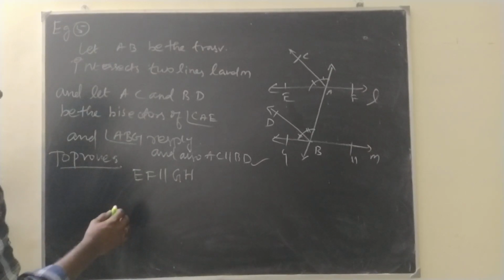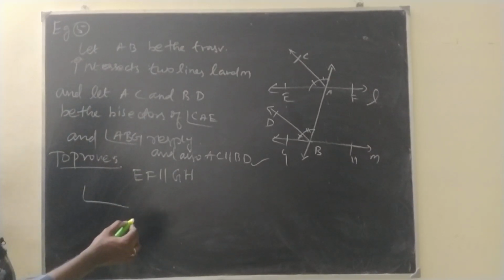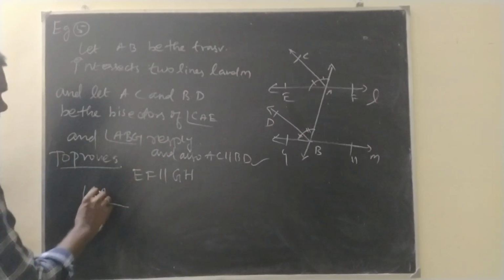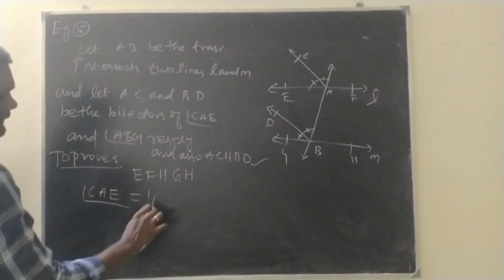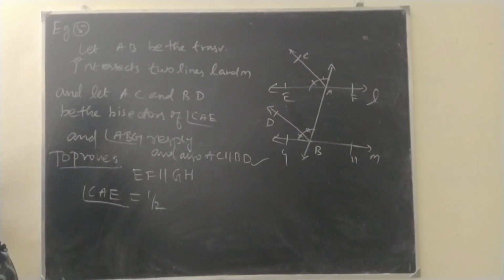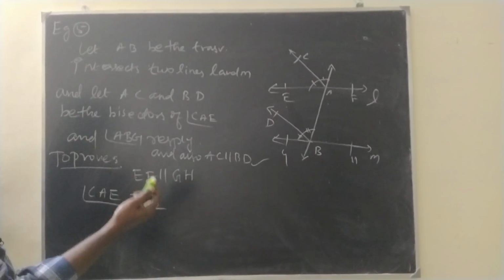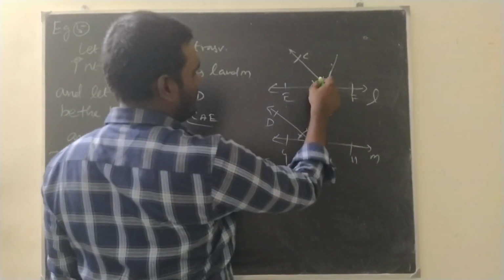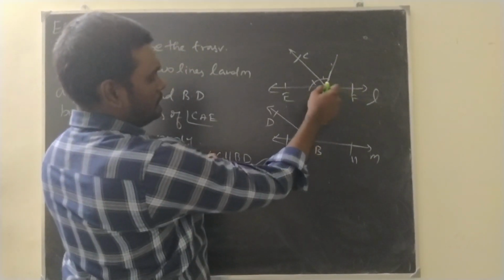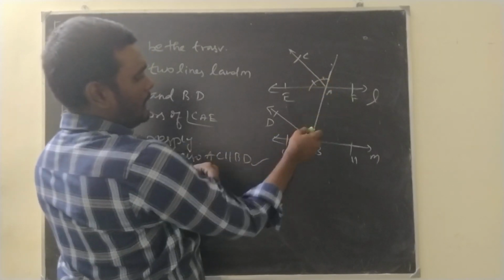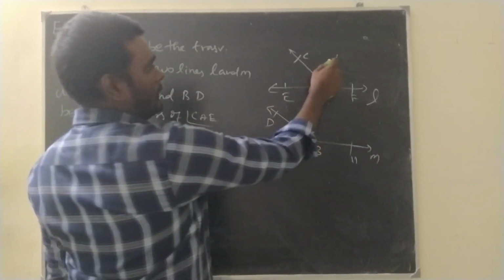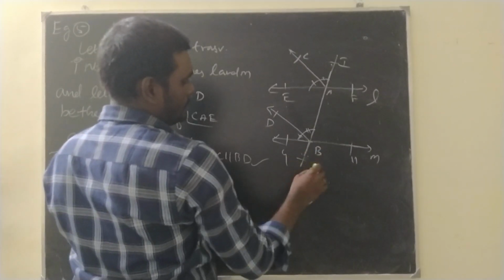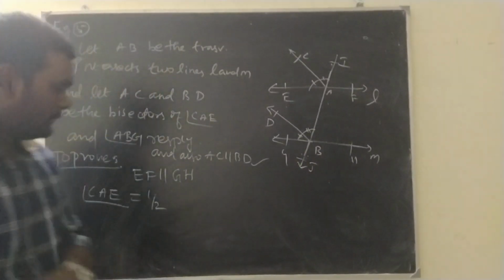So, the angle CAE is half of the angle. Why don't we name this also? Because this part would be helpful, right? This upper part, I'll take I. Many alphabets we are using.